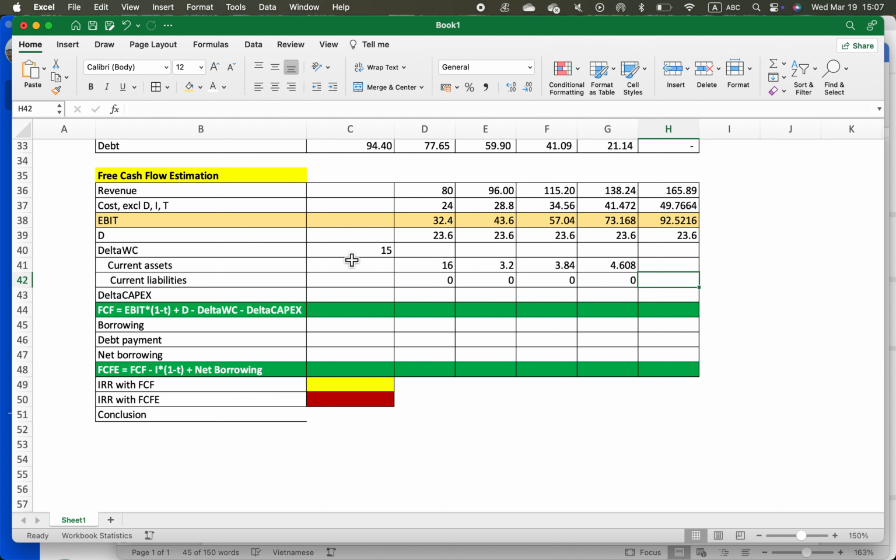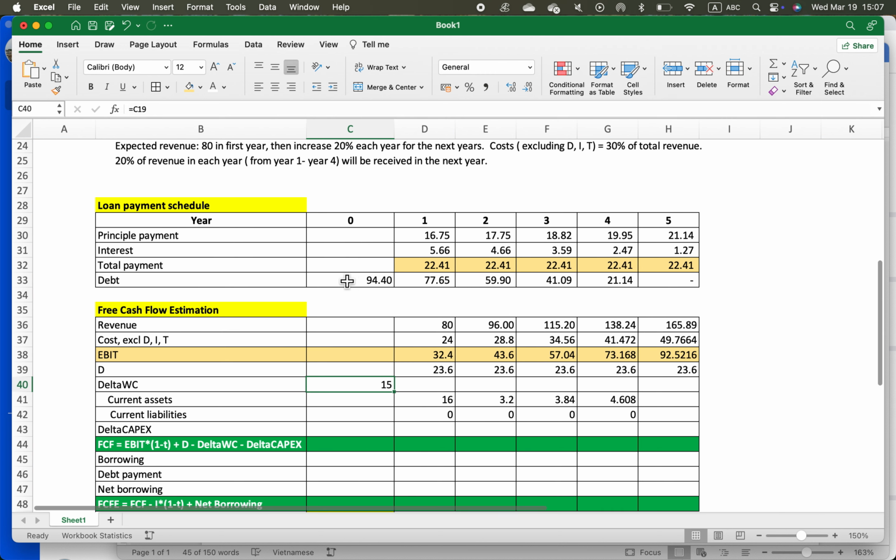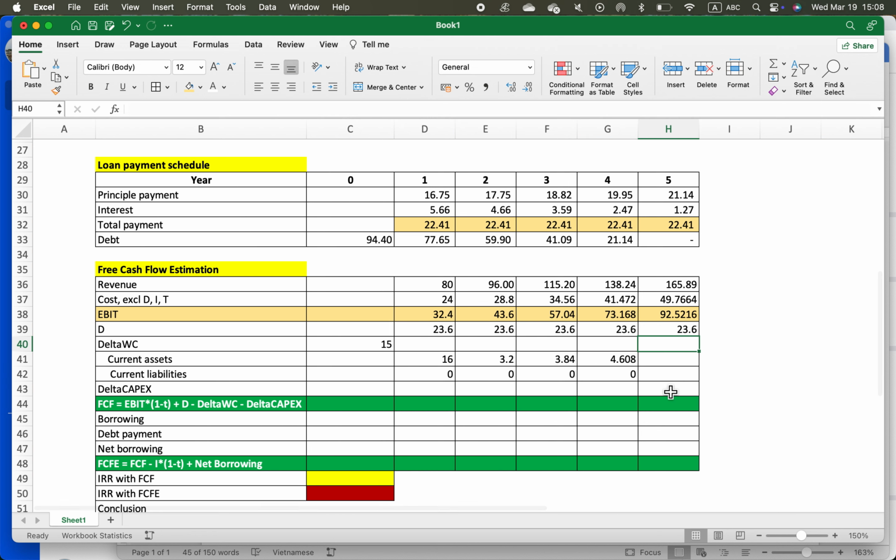And you can see in here the delta working capital in year 5. Okay, in year 5, could be what?